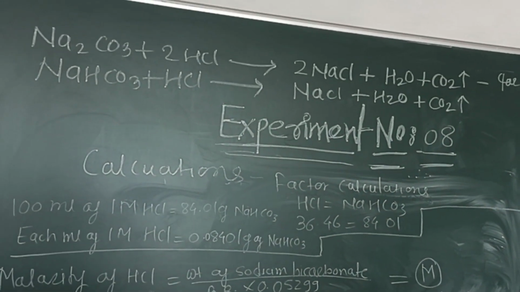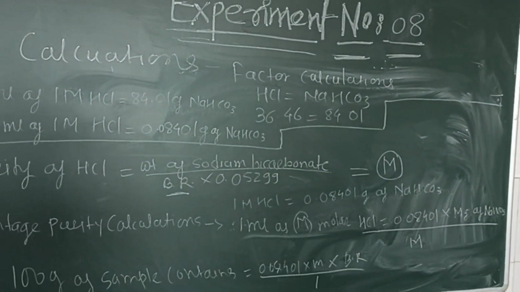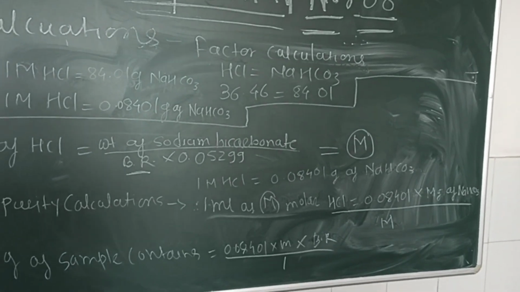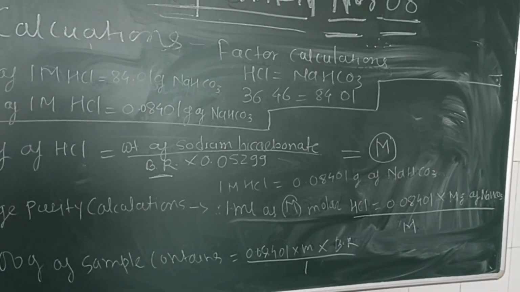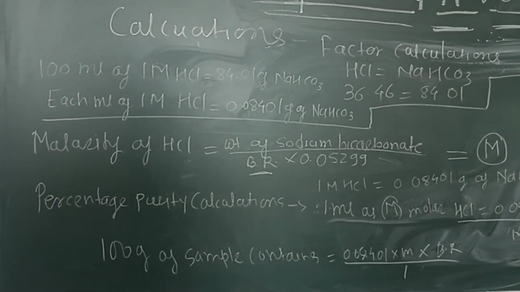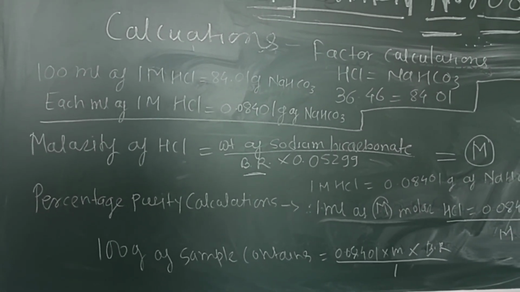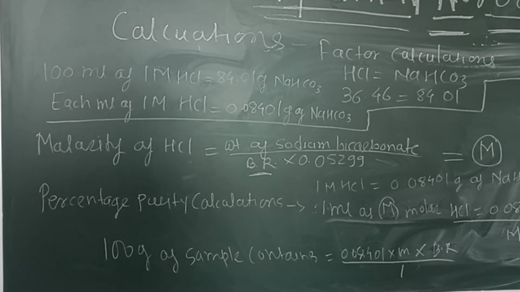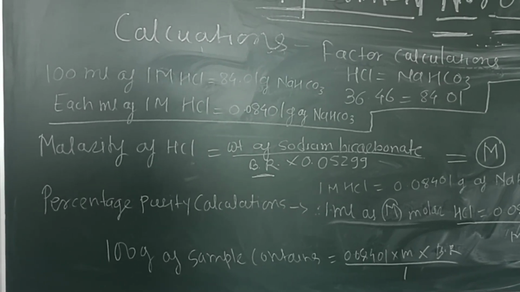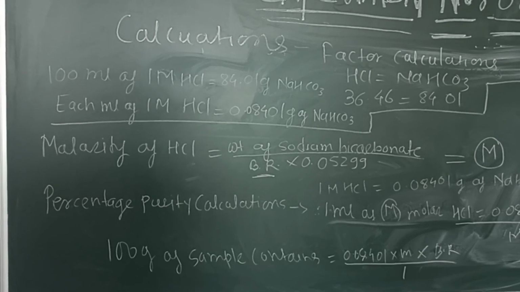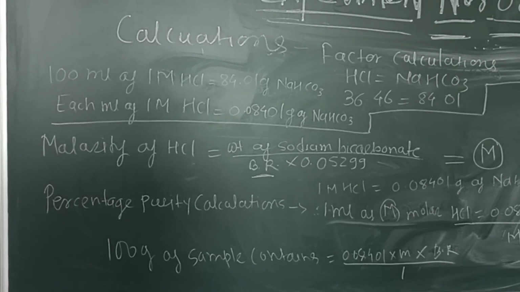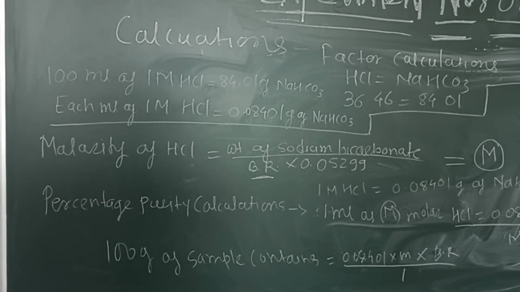From the reaction we observe that hydrochloric acid HCl is equal to sodium bicarbonate. So 1000 ml of 1 molar hydrochloric acid is equal to 84.01 gram of sodium bicarbonate. So each ml of 1 molar hydrochloric acid is equal to 0.08401 gram of sodium bicarbonate.